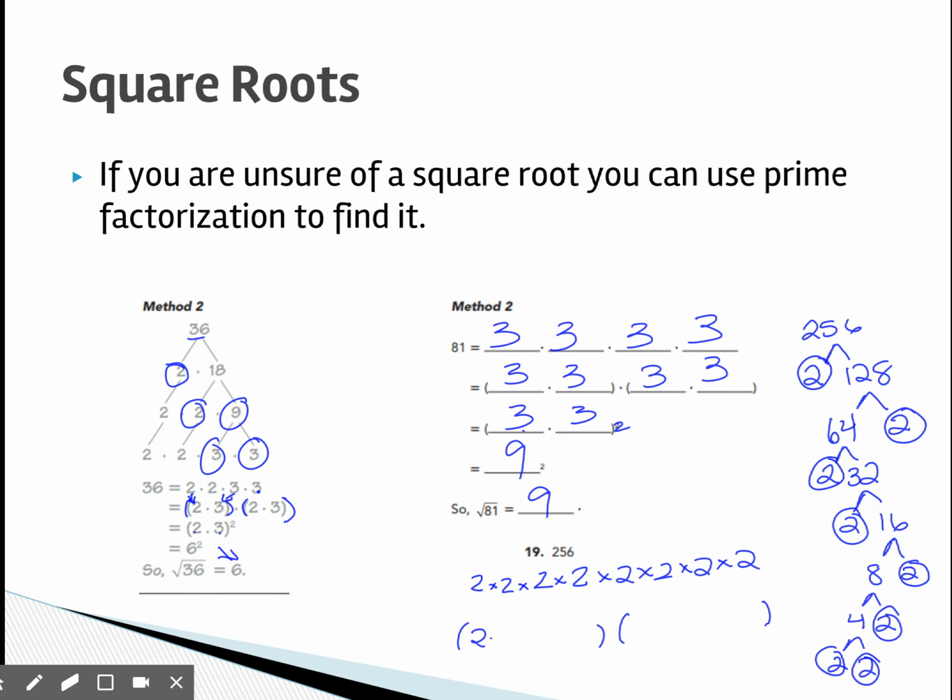So each parentheses will have 4 2s in it. And I'm going to multiply what's inside one of the parentheses to find what the square root of 256 is. 2 times 2 is 4. 4 times 2 is 8. 8 times 2 is 16. So the square root of 256 equals 16.